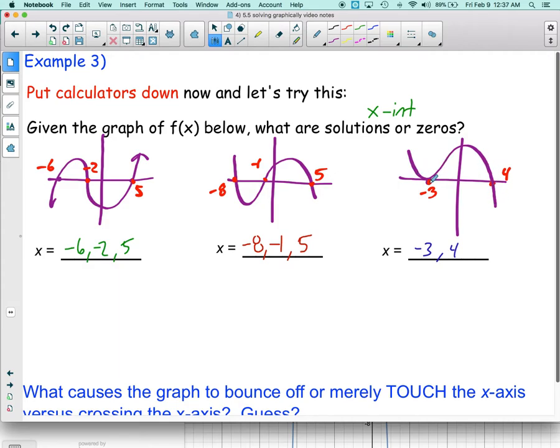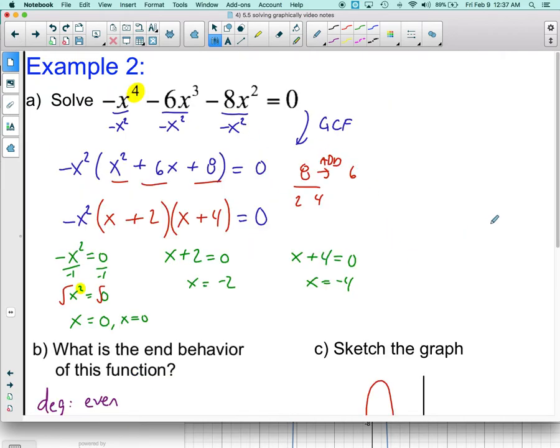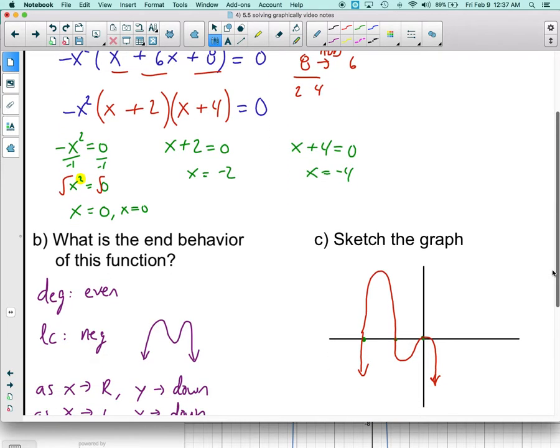It's passing through the x-axis, not just hitting it and bouncing. So what's happening here, if we go back to example 2 really quick, we see where that happened also is that happened at the 0. Now what was special about that 0 compared to the other x values, -4 and -2? Well, it's because there were 2 zeros as answers.